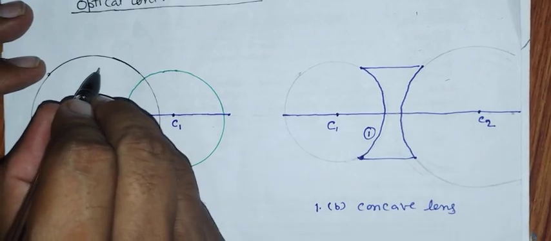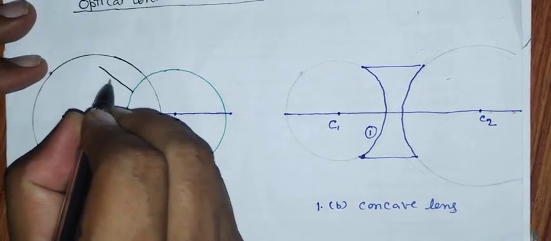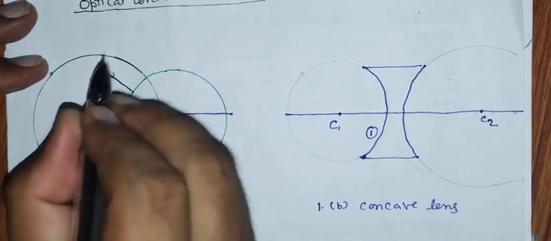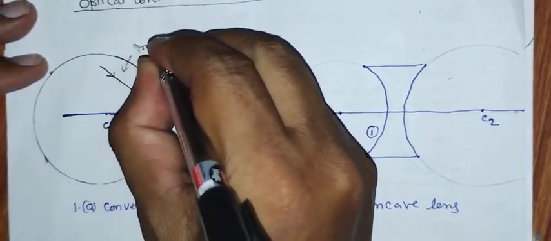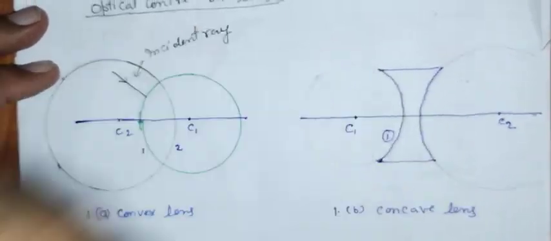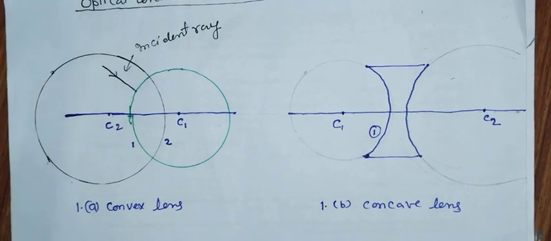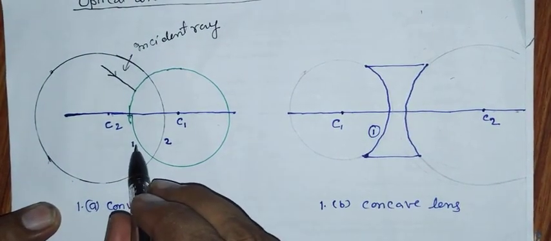For the phenomenon of refraction, we take first of all this incident ray. This is the first surface of the convex lens.